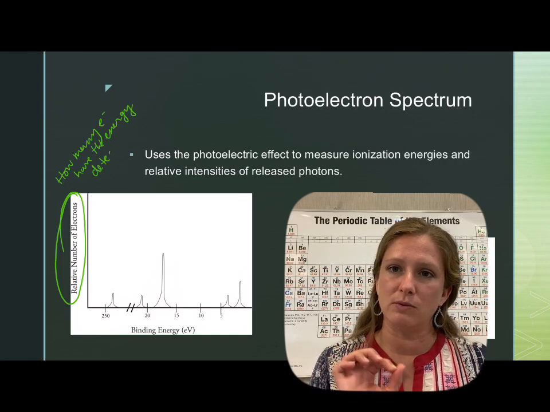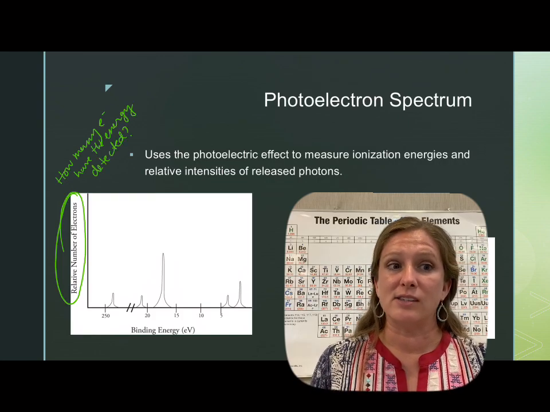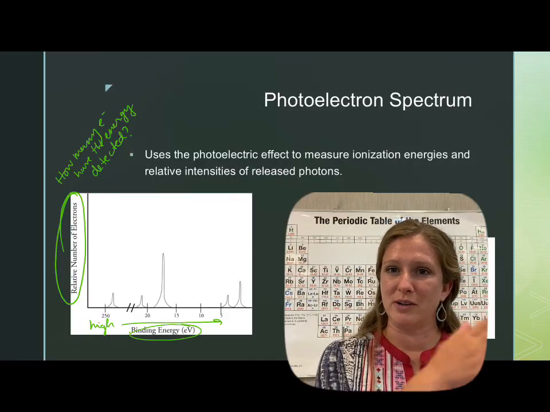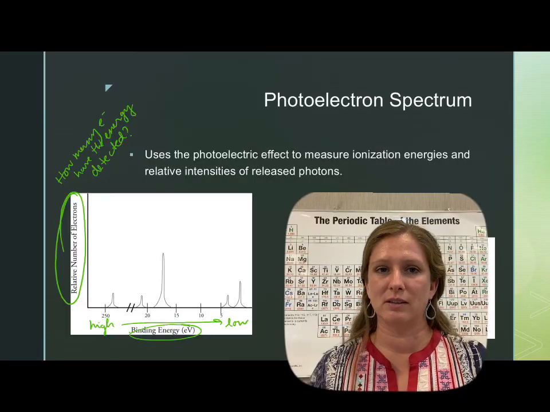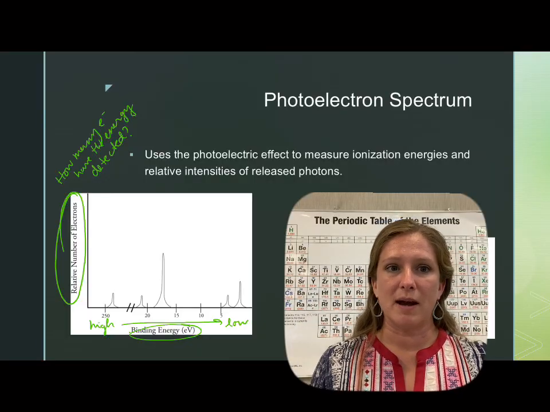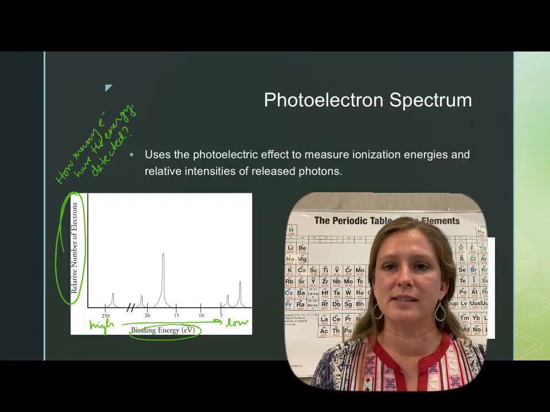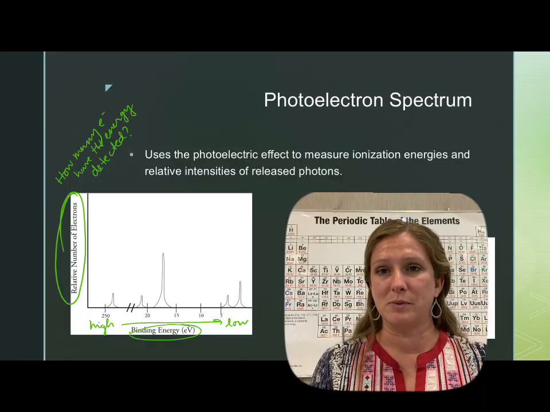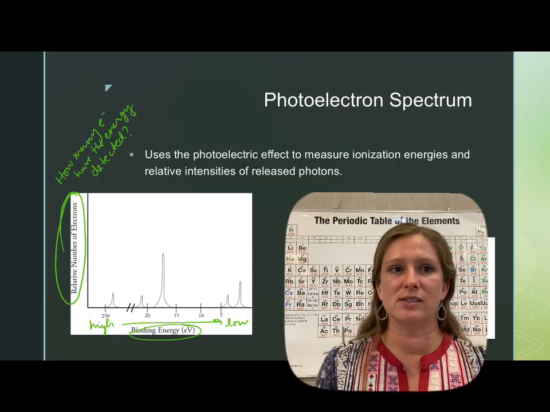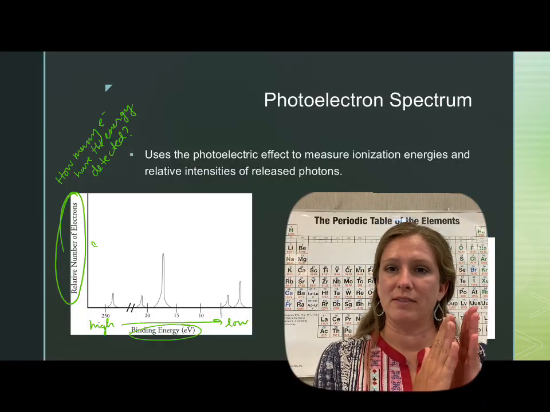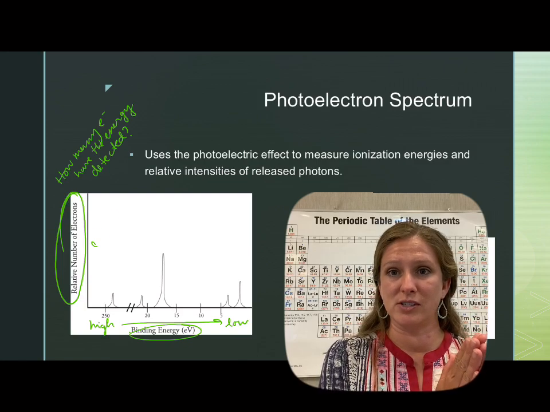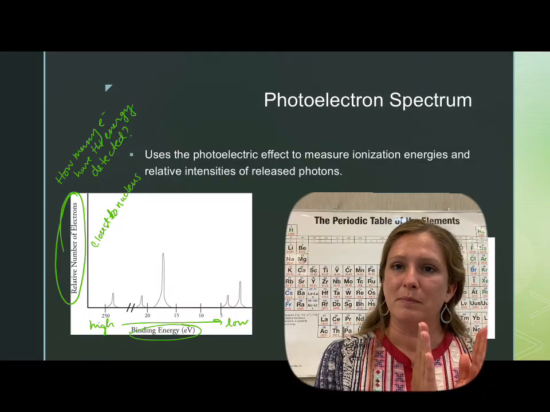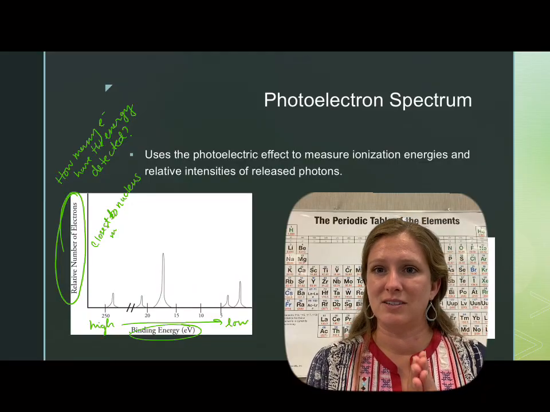Now I want you to notice there's a unique thing about these, that they start at high numbers and get lower. Normally, when we do a graph, we start at 0 and we count up as we go to the right. In this case, the binding energy is the opposite. So we start at high energy and it goes down as we go to the right. And the reason that they do that is so that we can put these in order, where the highest binding energy first is going to be the orbital that is the closest to the nucleus, because the nucleus is attractive to the electrons.